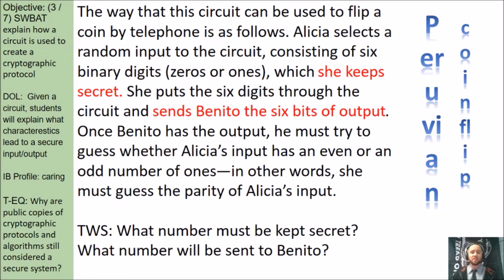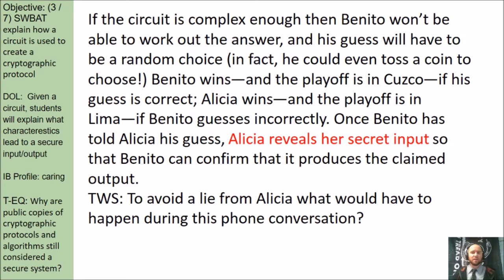In other words, he must guess the parity of Alicia's input. Think, write, share: what number must be kept secret and what number will be sent to Benito? If the circuit is complex enough, then Benito won't be able to work out the answer, and his guess will have to be a random choice. In fact, he could even toss a coin to choose.